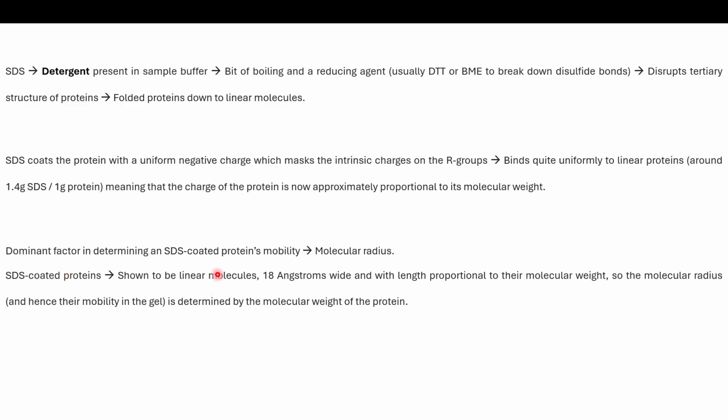So now the dominant factor in determining an SDS coated protein's mobility is the molecular radius, basically the size. SDS coated proteins have been shown to be linear molecules approximately 18 angstroms wide. This need not necessarily be applicable for all types of SDS coated proteins, but generally it has been seen that they are 18 angstroms wide with length proportional to the molecular weight.